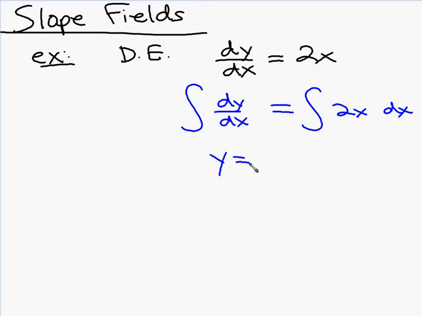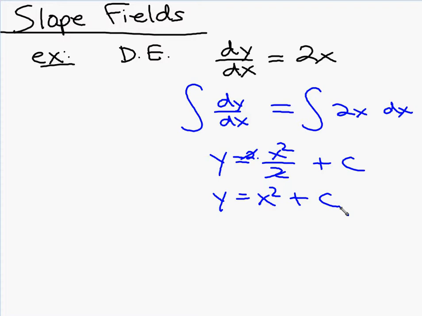The right side is going to be x squared over 2, all right, and then I've got this 2 times that plus c. So the 2's cancel, and the general solution to my differential equation is y equals x squared plus c.